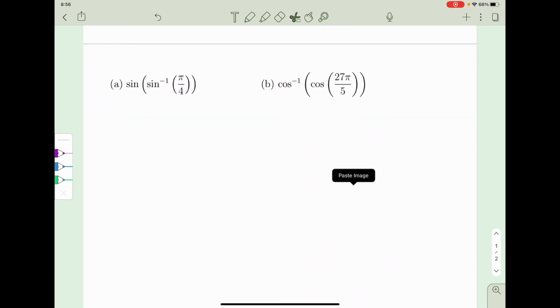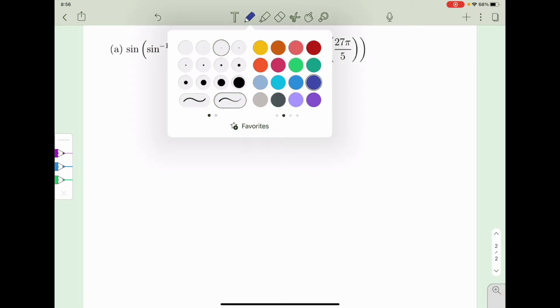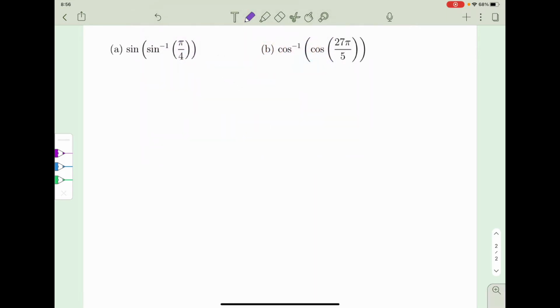Okay. So for the first one, question A here, we have sine inverse of pi over 4. The steps of working out this is always use the definition. Right?